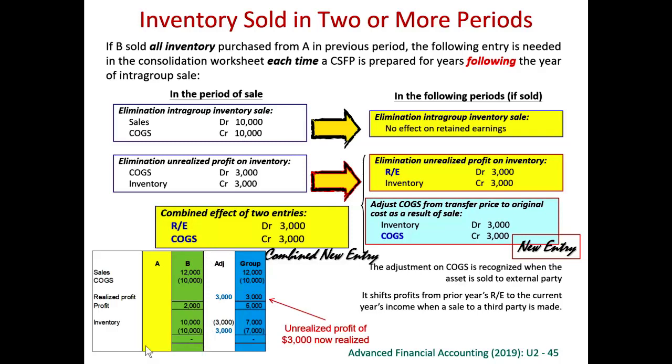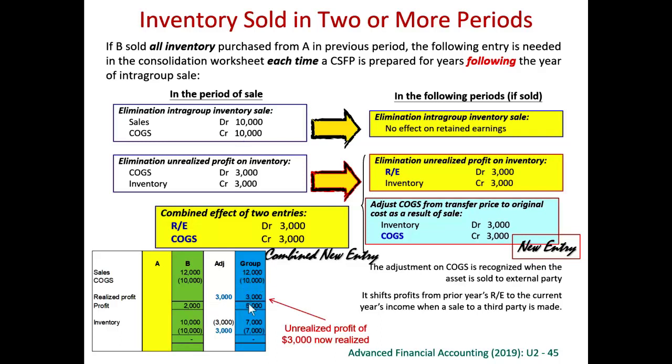But from the consolidated group's viewpoint, the original cost was 7,000. 7,000 is the amount that A purchased this inventory for from an outside party. So all this profit should be realized when we sell it to an outside party, and the cost of goods sold should be only 7,000. This is the reason why we credit cost of goods sold 3,000 here.